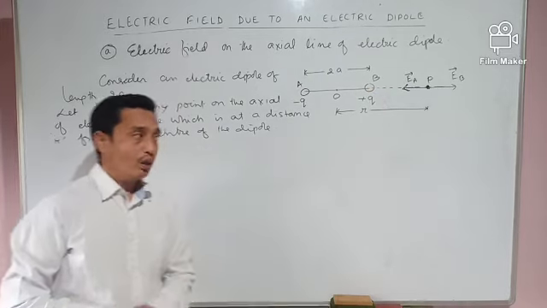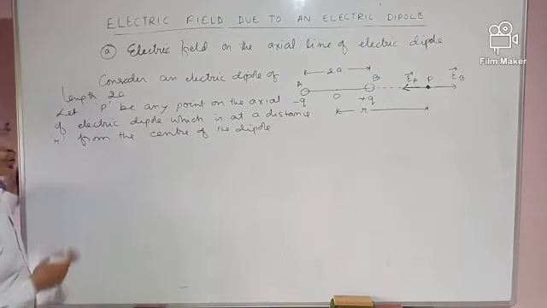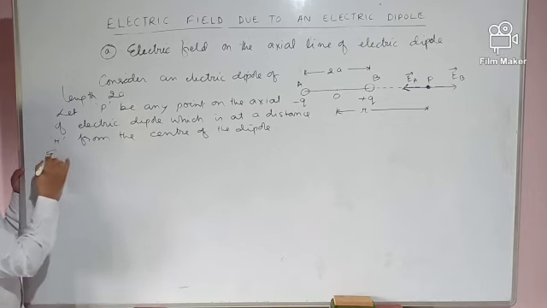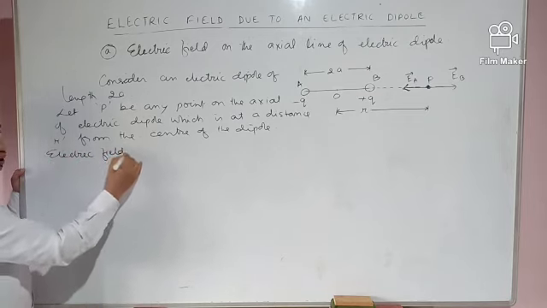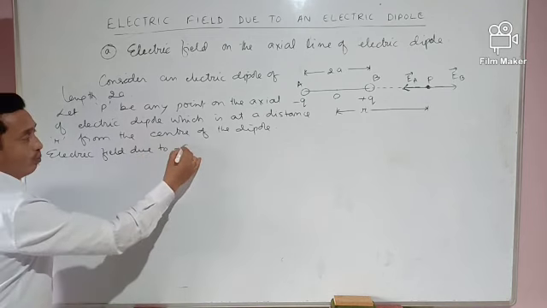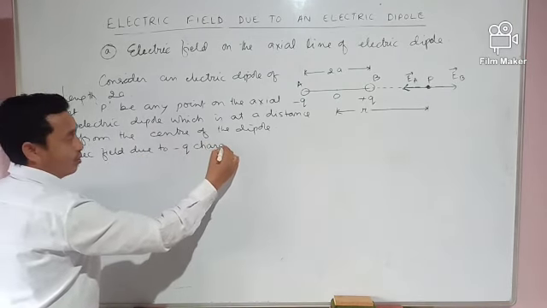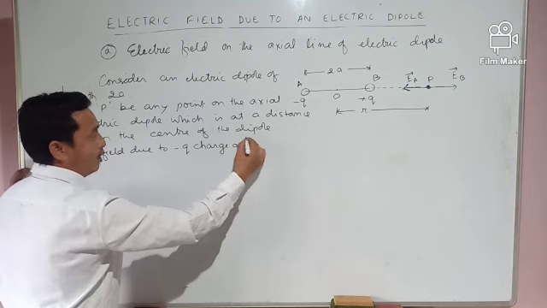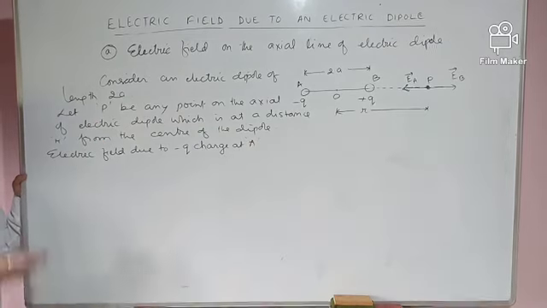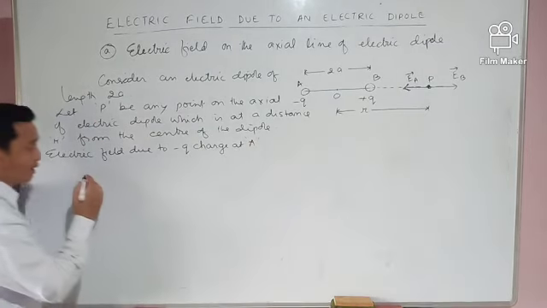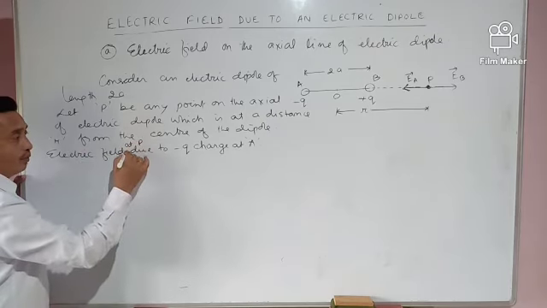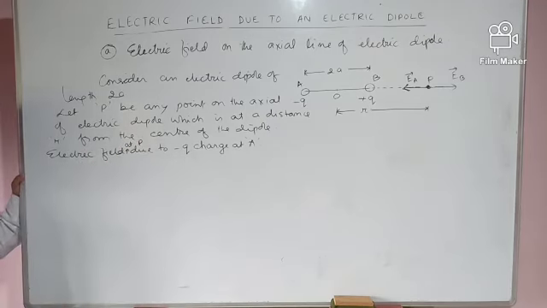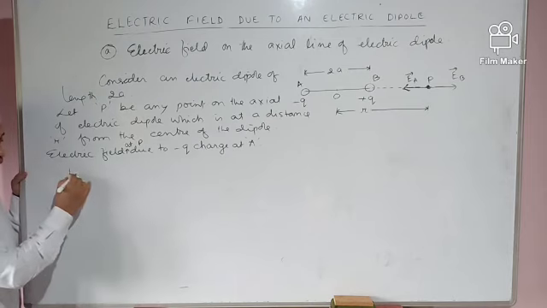Okay, now let us write the electric field at P due to the minus q charge at A. The electric field at P due to the minus q charge at A, I will write it as EA.